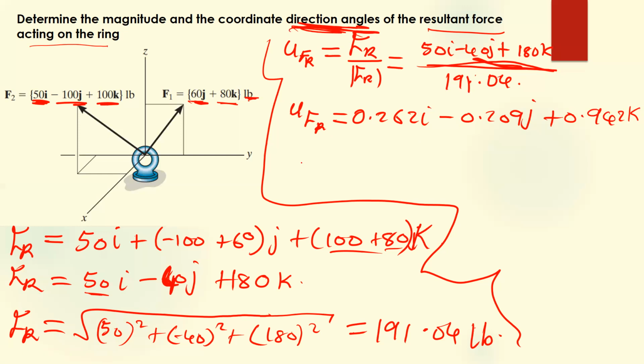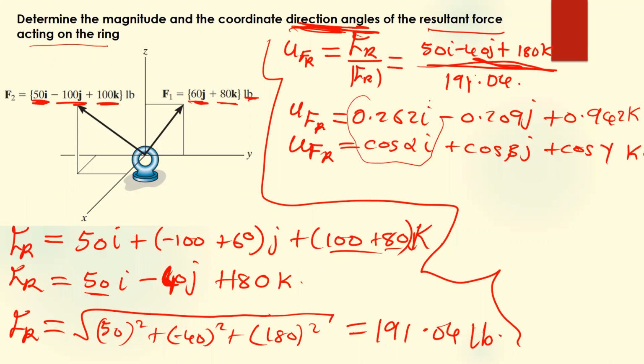Remember, any unit vector, if written in terms of direction cosines, the unit vector in the direction of this resultant force can also be written as cos alpha I plus cos beta J plus cos gamma K. So this would directly correspond to that, and so we do the same.